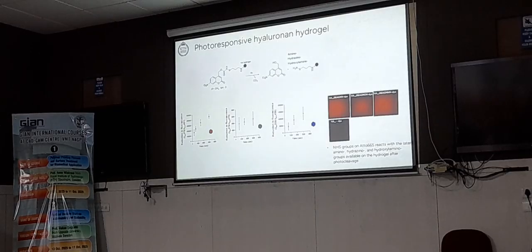So we used a dye with an aldehyde group, added it to the hyaluronic acid to see if it reacts with this functionality. This dye is fluorescent, and we could see that if we add the dye, you get fluorescence. So we could verify that this is active on the hydrogel, and when we add an aldehyde, it is actually covalently bonded to this active group.